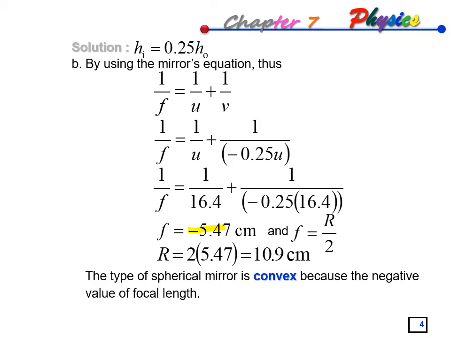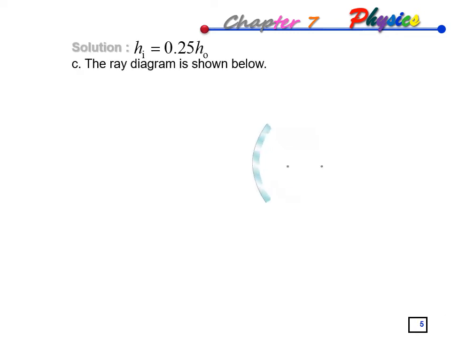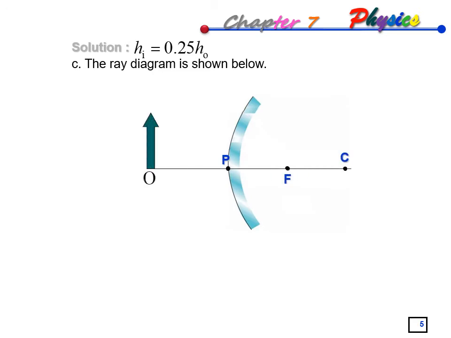Then for the diagram, we have a convex mirror. The u value is already determined, so just sketch the image. For a convex mirror, we only have one characteristic, it doesn't matter where you put your object, you will always end up with the same characteristic. The incident ray is reflected and diverges away from the focal point, and another line toward the center of the circle will be reflected back, so you will have an image formed over here.